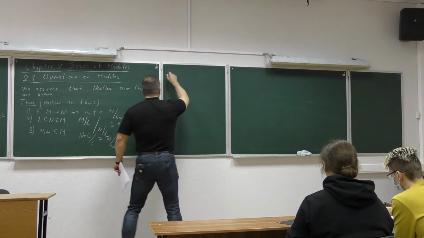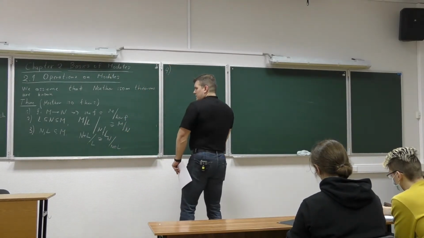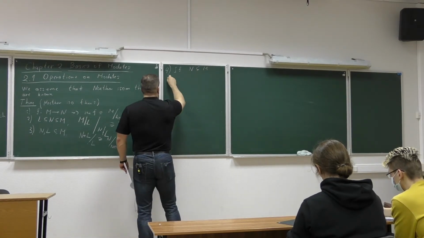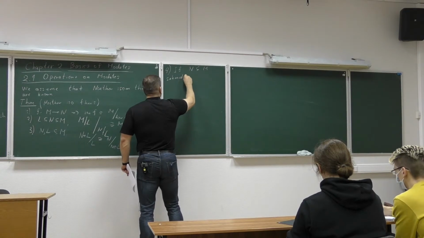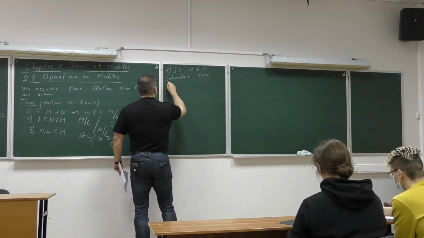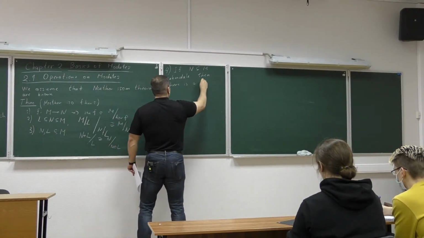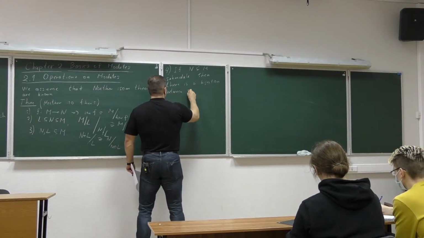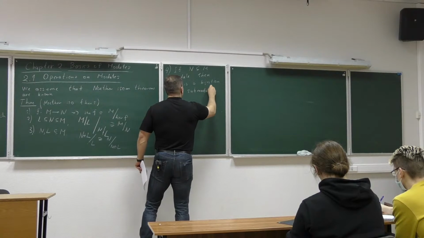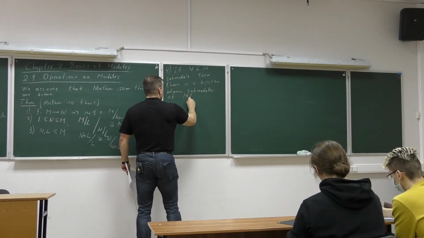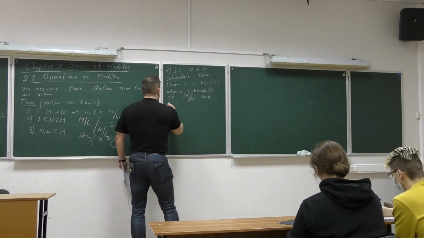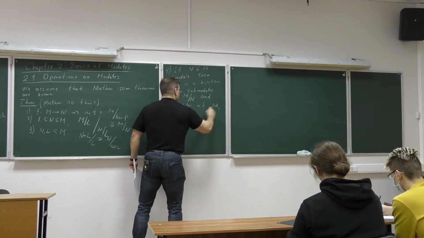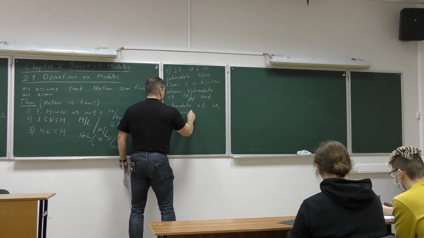And the last isomorphism theorem, also called the correspondence theorem, tells us the following: if you have a submodule N in M, then there is a bijection between submodules of the quotient module M modulo N and submodules of the module M containing the given submodule N.